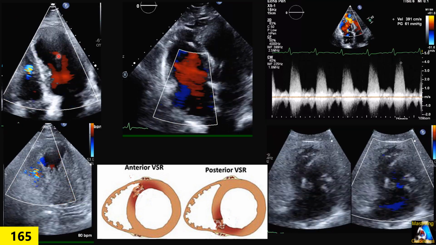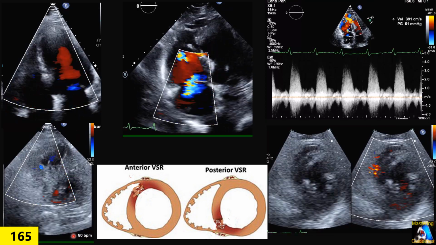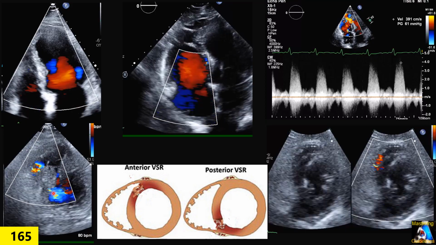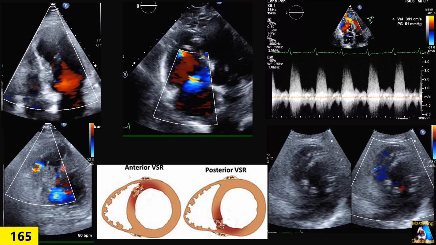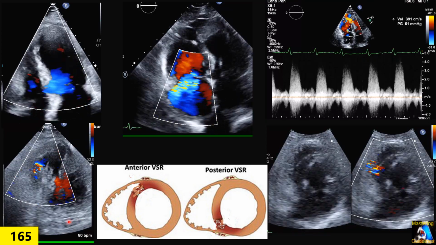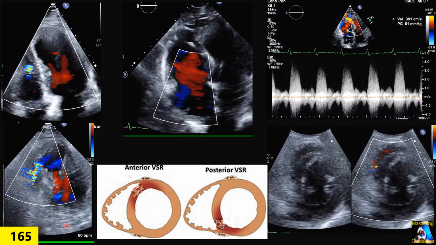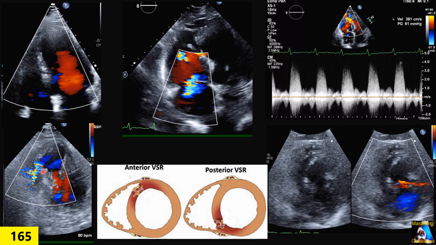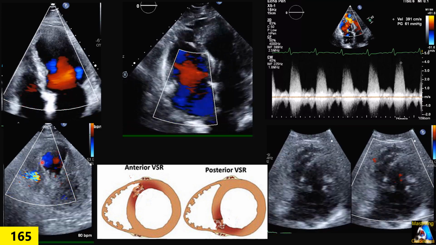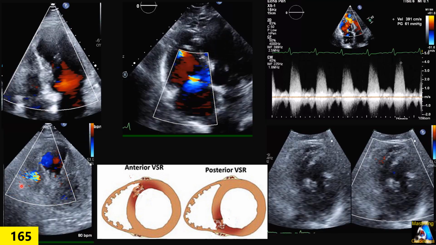For example, in this case you don't see anything, but when you sweep the septum from the base to the anterior, suddenly, at the basal view, you can see the coronary sinus here, and you can see this jet close to the apex at the septum, very clear.